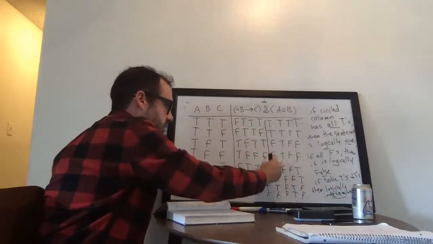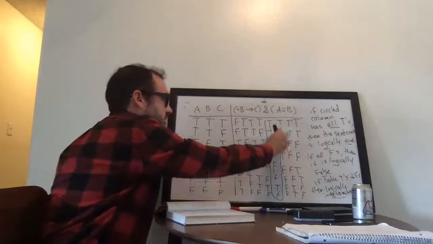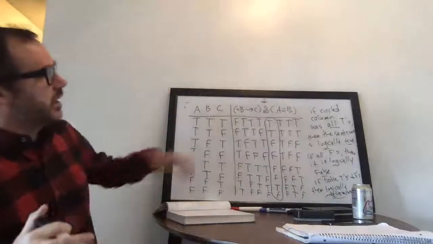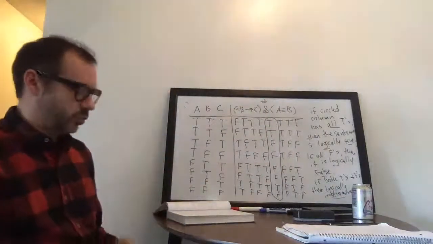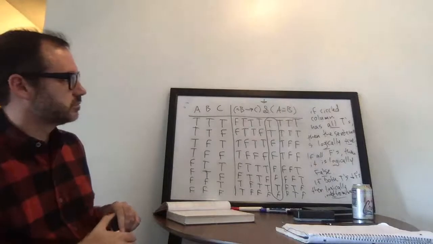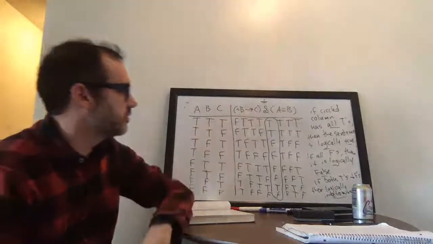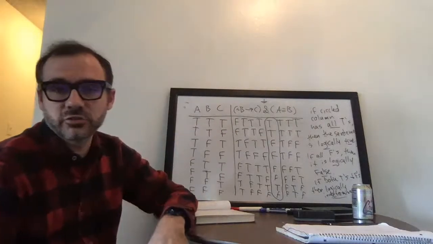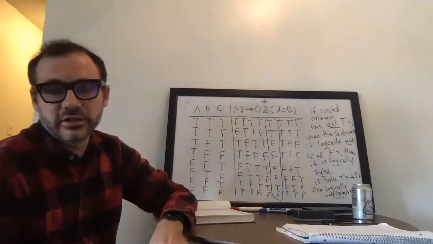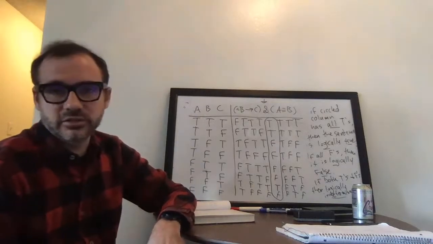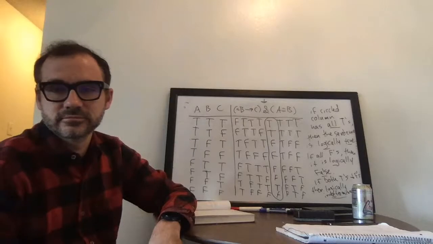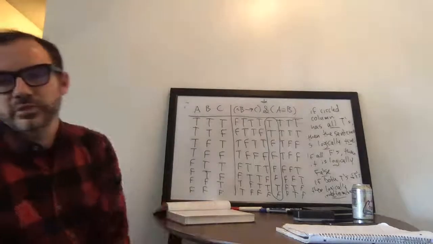We circle the column here that falls underneath the main connective. And based on our rule here to the right, what kind of sentence is this? Is it logically true, logically false, or is it logically indeterminate? It's one of those 3.